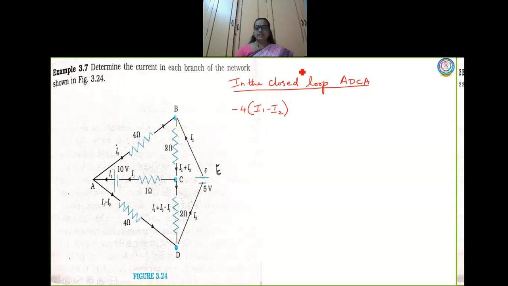So I will write the second lead as plus 2 into (I2 plus I3 minus I1). In the first lead both assumed direction and actual direction are the same, so I have a minus sign. Here the assumed direction and actual direction are opposite, so when I write the product of resistance and current, I will have a plus sign.